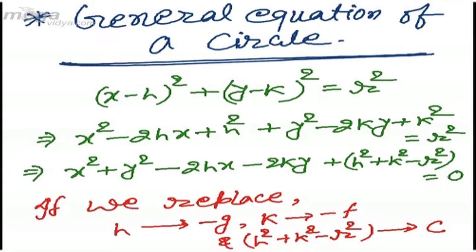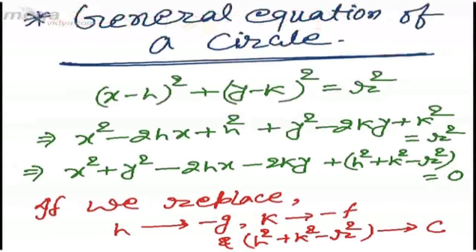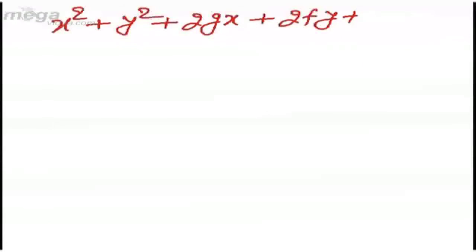Same way, k is replaced by minus f, so it becomes minus 2 into minus f into y, that is plus 2fy, plus this whole constant h square plus k square minus r square is replaced by c. So we can write it plus c is equal to 0.